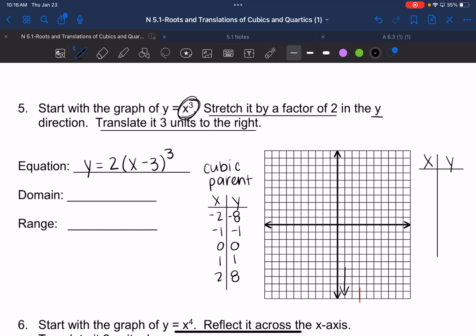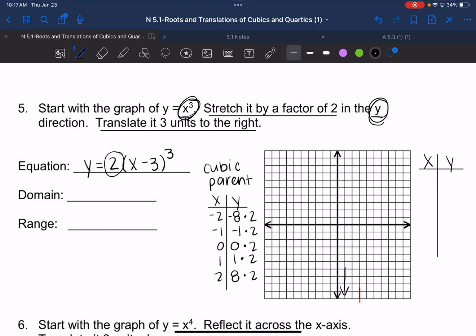Okay, so it says that this 2 is a stretch vertically or a stretch to the y. So that means I need to do what to all of my y values? Multiply them by 2. Okay, all right, so let's go and do that. I'm going to multiply all of these numbers by 2.